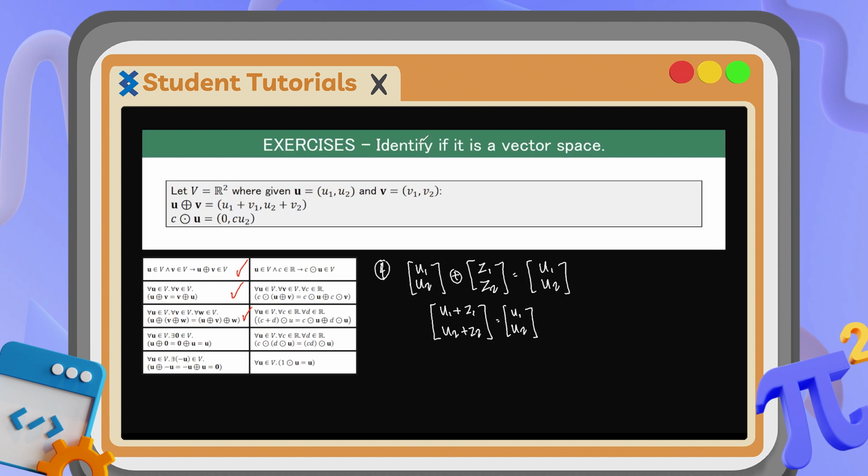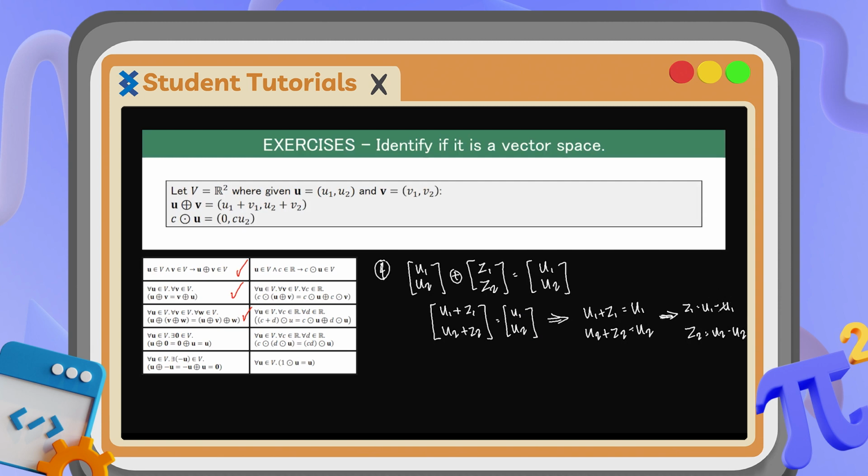And now you can observe that we can actually turn this into linear equations. So let's do just that. We turn it into this form, like so. And then when we just apply algebra, we subtract both sides by u1 or u2, and that should give us z1 equals u1 minus u1, and z2 is equal to u2 minus u2.